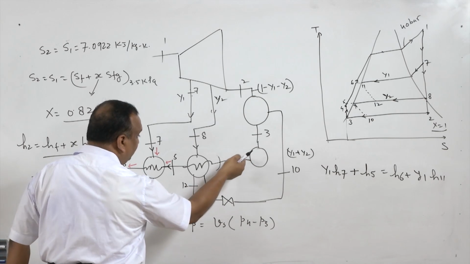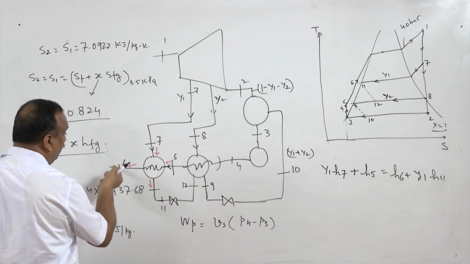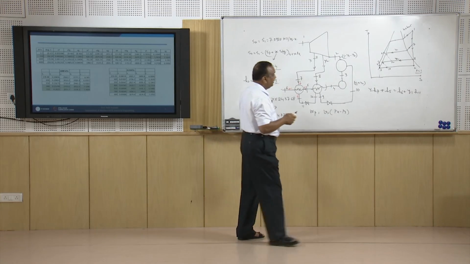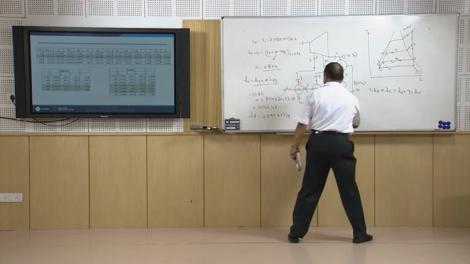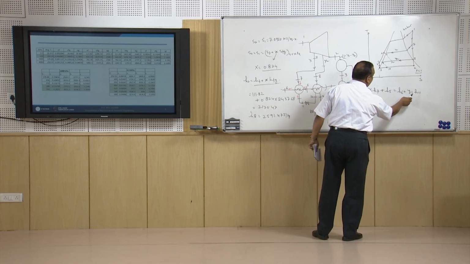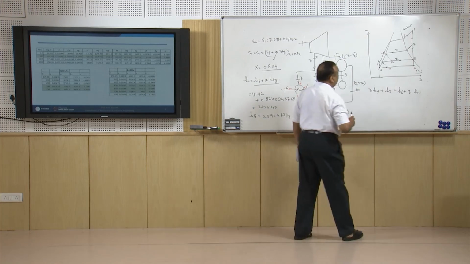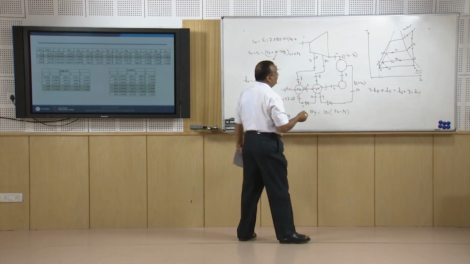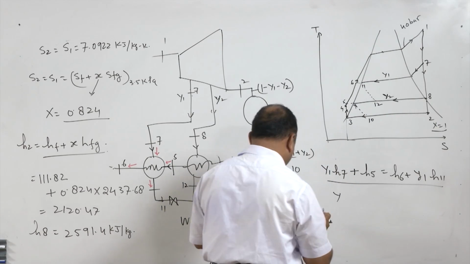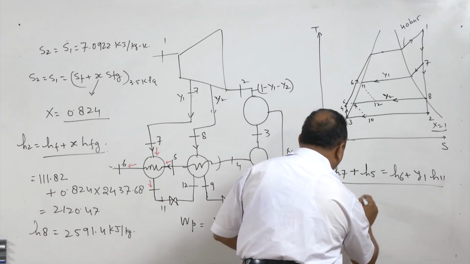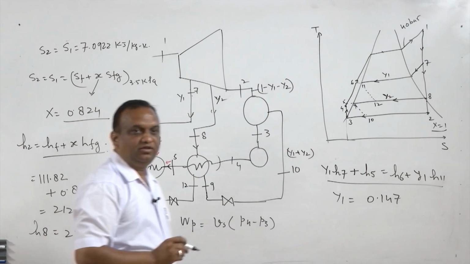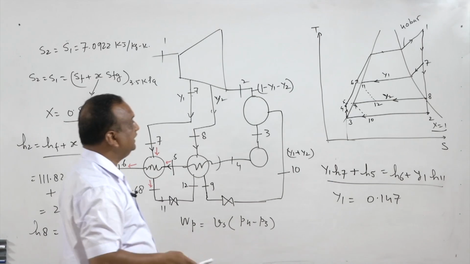So the mass of the water which is flowing in this pipe is 1 kg per second, right? And Y1 and H11. We have all the values, and from this we can find the value of Y1, and Y1 here is 0.147. It means 14.7%.